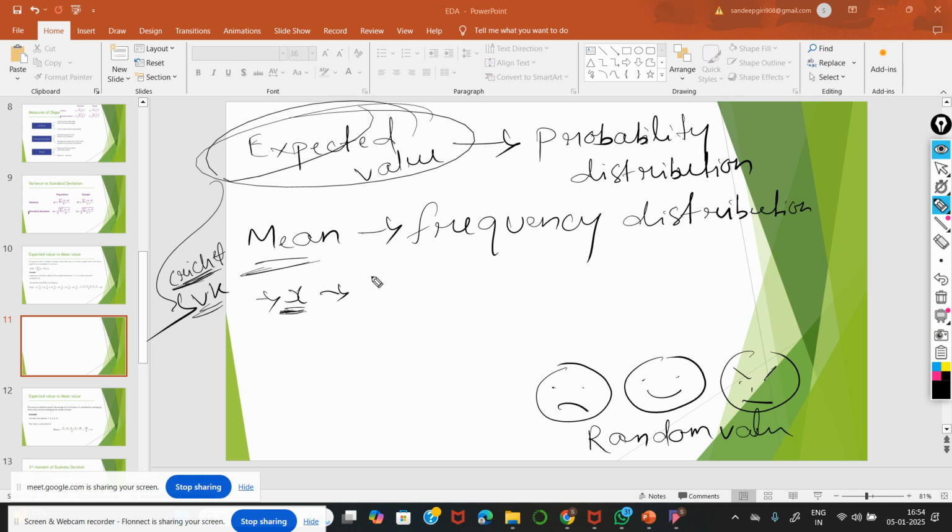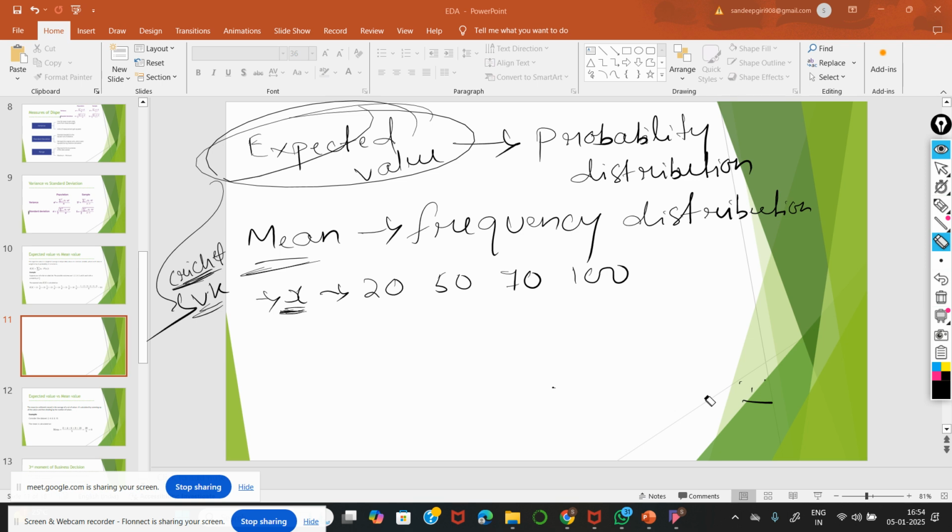So score of Virat Kohli is 20 runs. Here I am putting 50. Here I am putting 70. Here I am putting 100. Fine. Now see, from the past record, the probability of getting 50 out of all other scores, I am giving randomly.